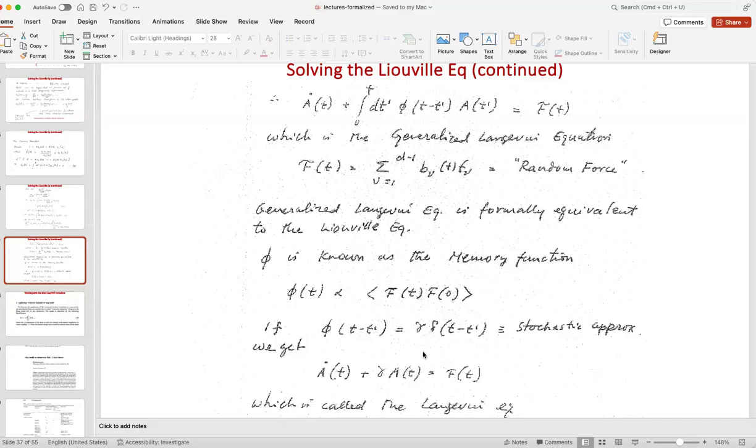And notorious in that are studies on a variety of liquids. People assume liquids have short-term memory, so the memory function decays quickly, and therefore a delta function approximation, meaning a stochastic approximation, may be all right. People assume that.